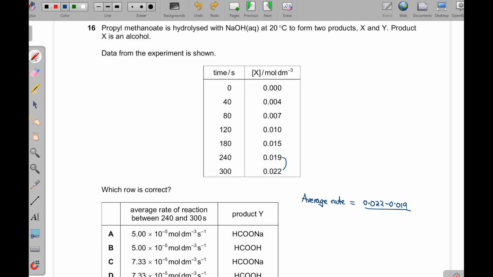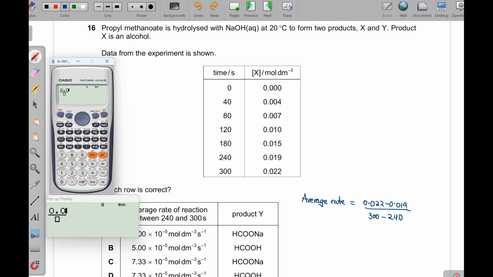And then we have to divide by the time. So that one, the time taken is 300, then minus the 240. 0.022 minus 0.019. Then down we have 300 minus the 240.